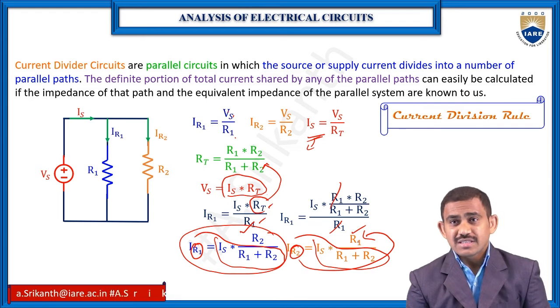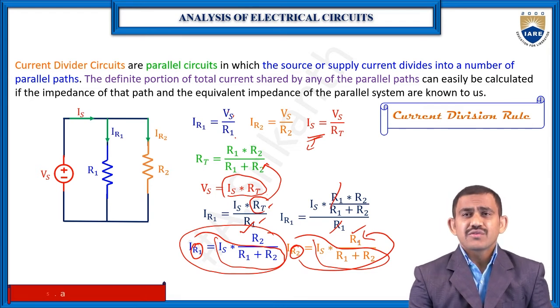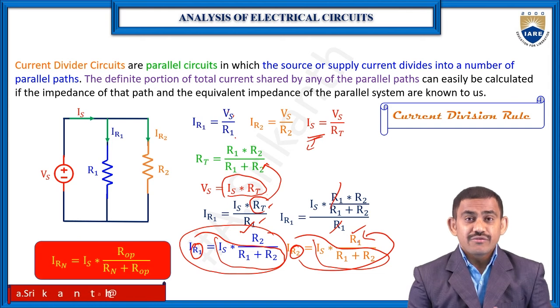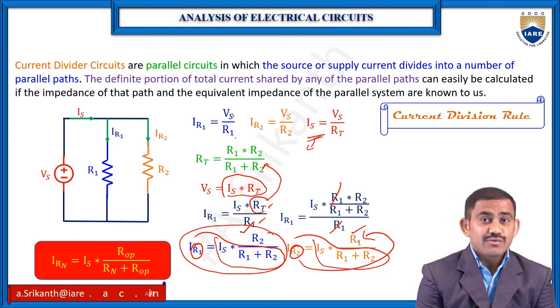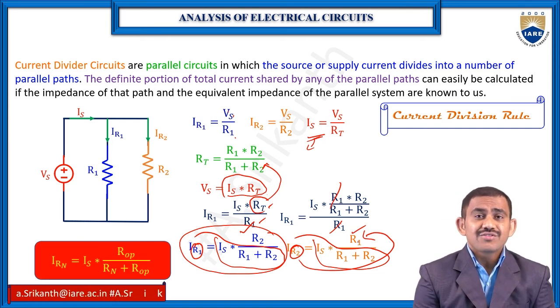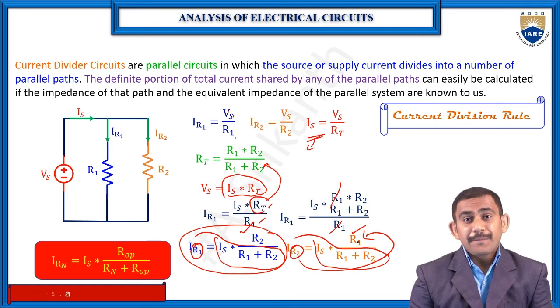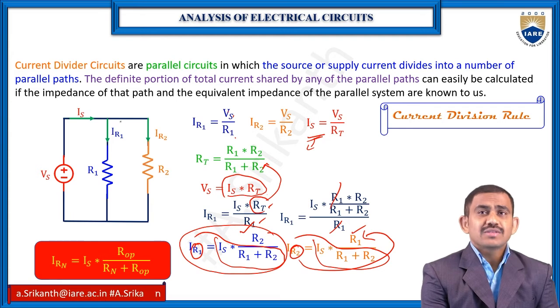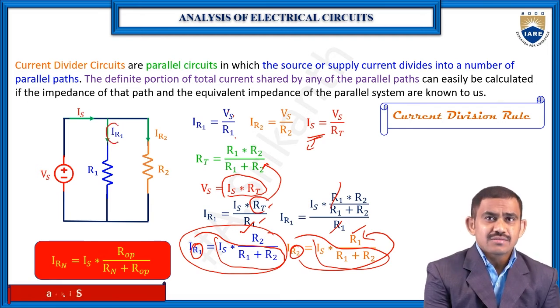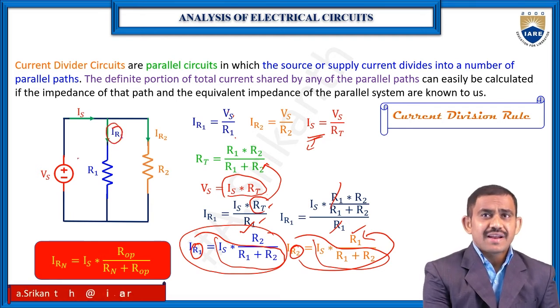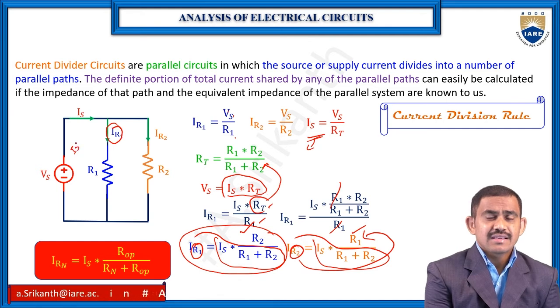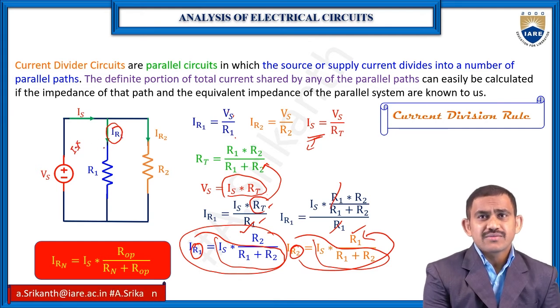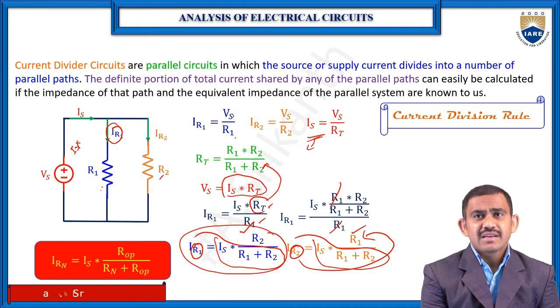That means the opposite resistor. So for this we have a common equation. When we know the source current, then you can get the values of the parallel path currents. Now if I want the IR1 value, it means your Is into the opposite resistor. For R1, what is the opposite resistor? R2.